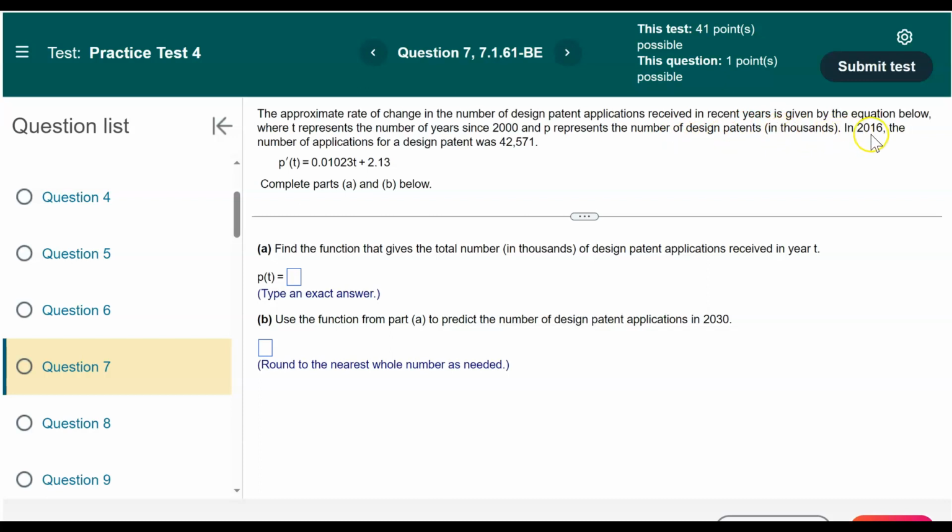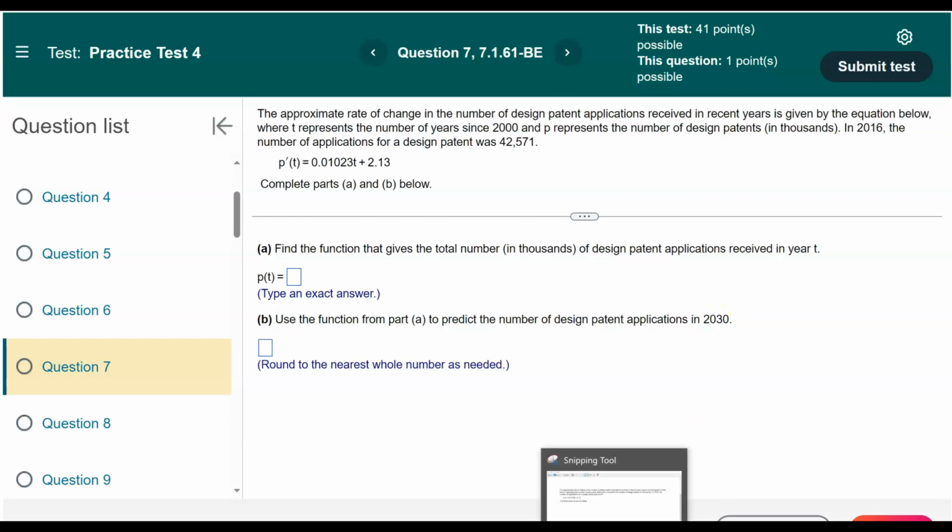In 2016, the number of applications for a design patent was 42,571. Here we are to find the function that gives the total number in thousands of design patent applications received at any time T. And from the result of part A, we would use that to predict the number of design patent applications in 2030.